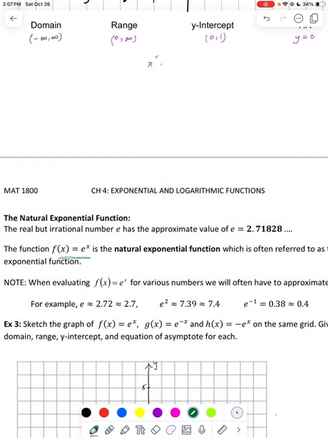Now, e is a number which is real, but it is irrational, like pi. Remember, pi is a real number, but it is irrational. Irrational numbers are something we don't encounter much in everyday life, but pi, you have used for a long time by now.